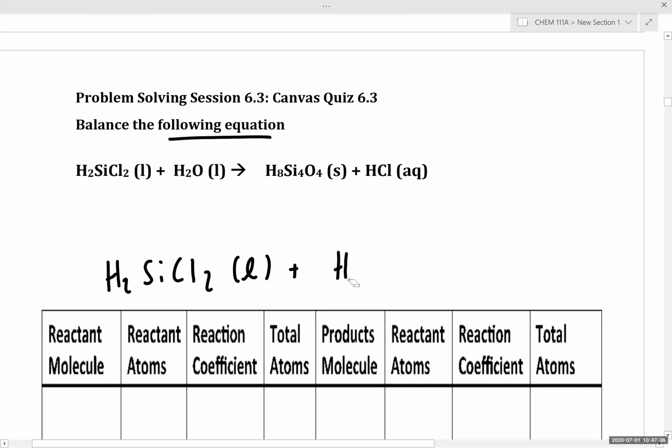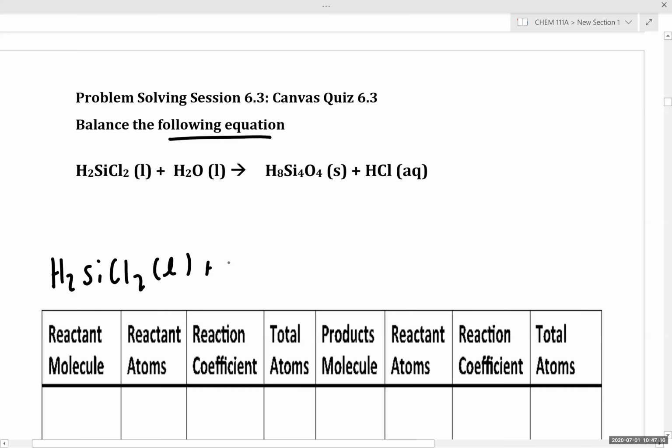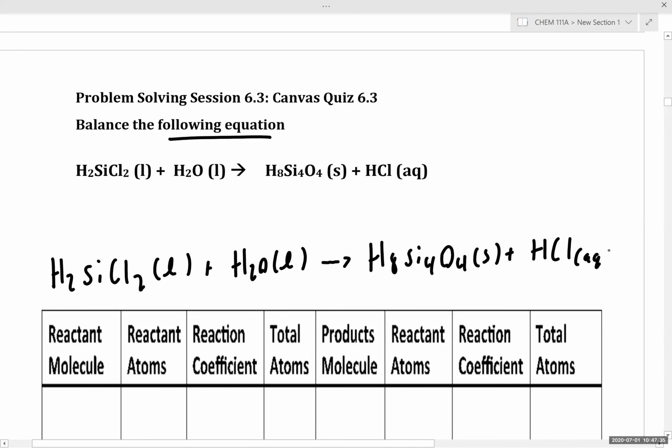And I'll give everyone about 4 to 5 minutes to balance this equation, and then we'll discuss this example as a group. Don't be shy to submit your responses for your proposed balanced chemical equation in the chat or verbally. And if you have any questions at all, don't hesitate to ask them in the chat or unmute and ask your questions verbally.